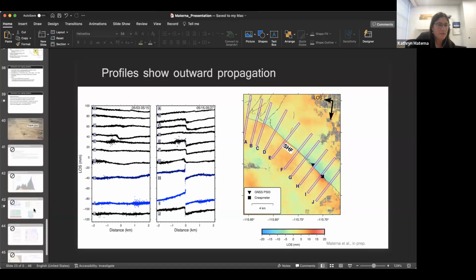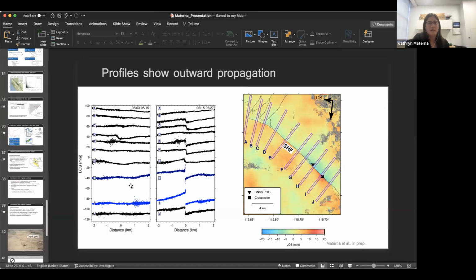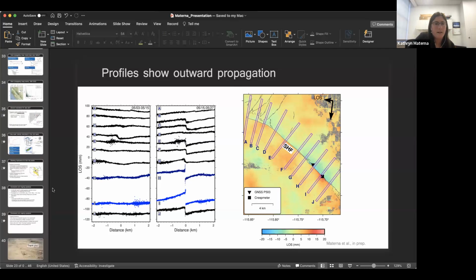I don't have that exact one in the backup slides, but so far this process on the Superstition Hills Fault is not associated with microseismicity, but it could still be, just not cataloged. And Eric Fielding asks: for the Superstition Hills Fault, the first patch that slipped seemed to have less displacement in the second interferogram.